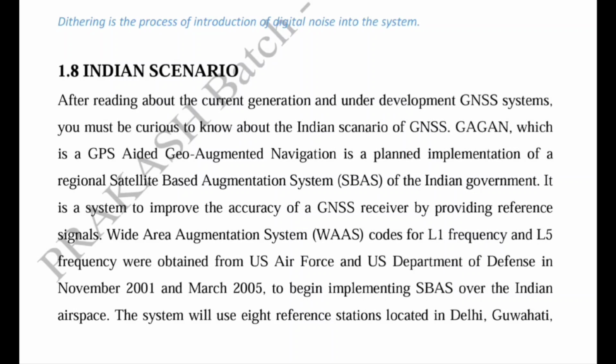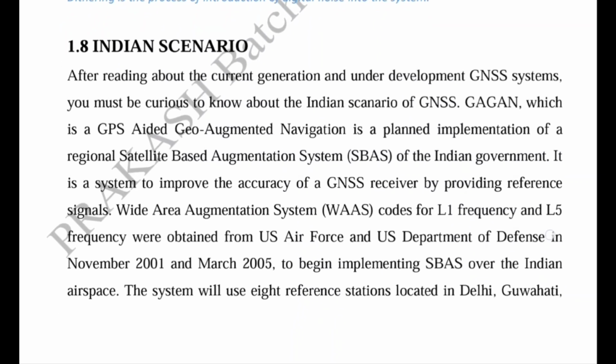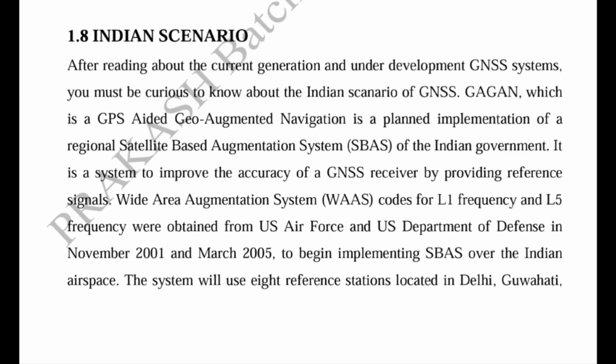Now we will see the Indian scenario of the navigation system, meaning how much development has been made for the Indian GNSS system. As we know, every country, mostly large countries, has their own GNSS system.